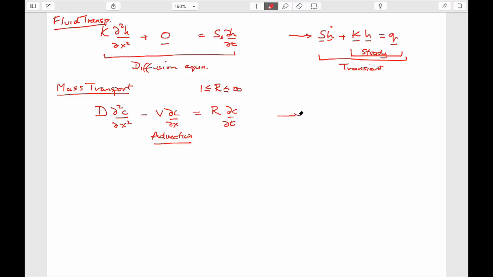as something that looks like a storage matrix times a rate of change of concentration, plus a term which operates on the nodal values of the dependent variable, which in this case would be concentration, and is equal to a flux.